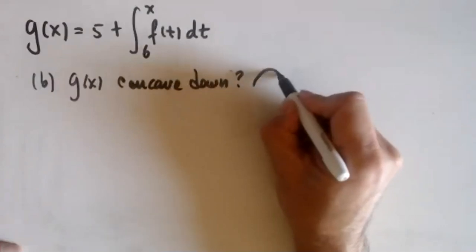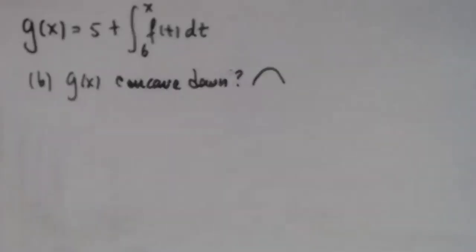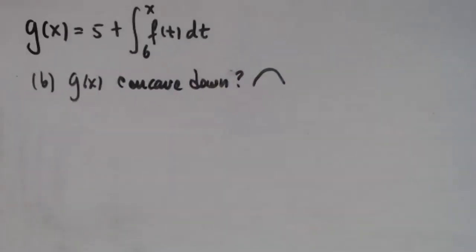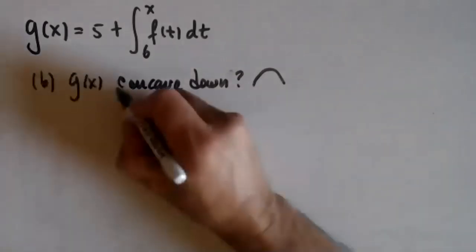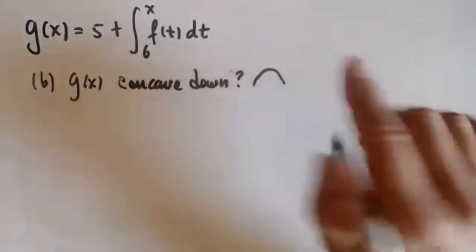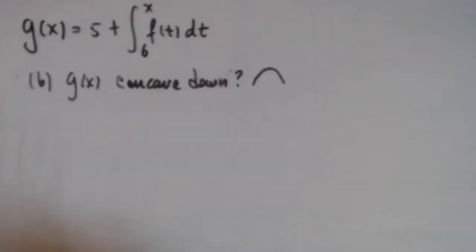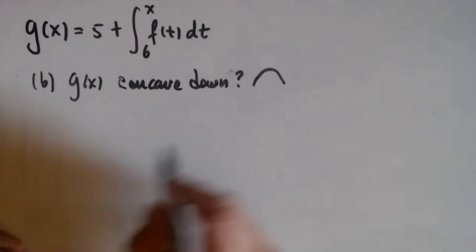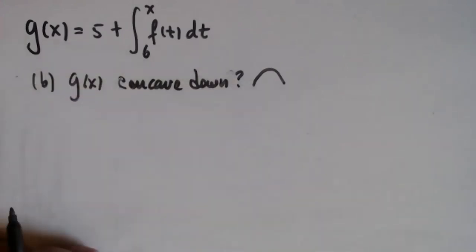So the function has to be like this, correct? That's concave down. So it's where you have a max. Concavity down implies, in this case, that you may possibly have a max or something like this, correct? Okay, what is the criteria we have to look at?